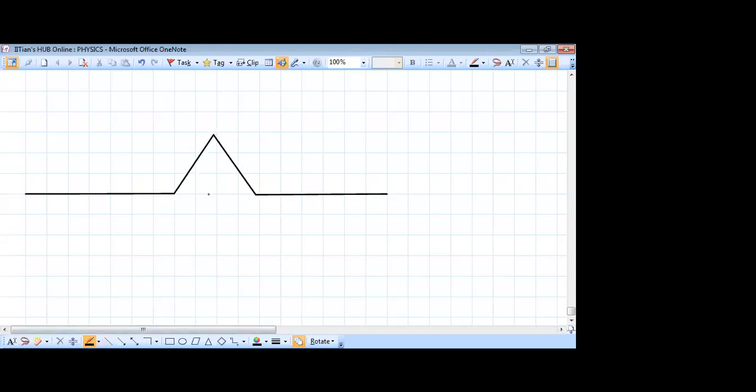But if we imagine that we have a triangular pulse like this, such that this is 3 centimeters, this is 3 centimeters, and this vertical height is 4 centimeters.